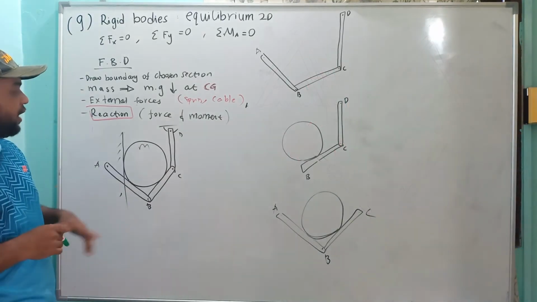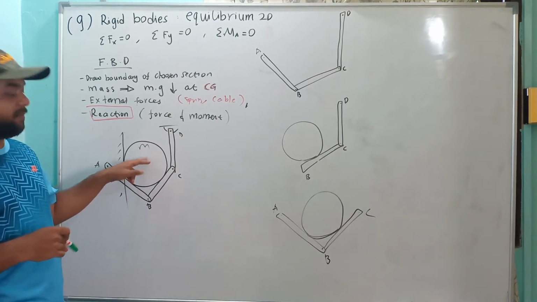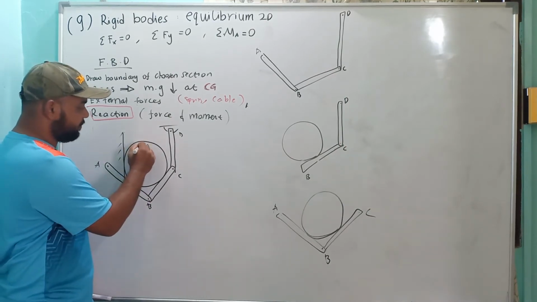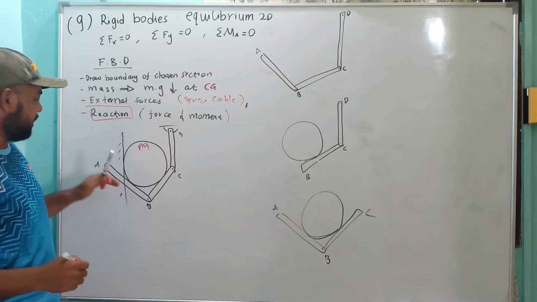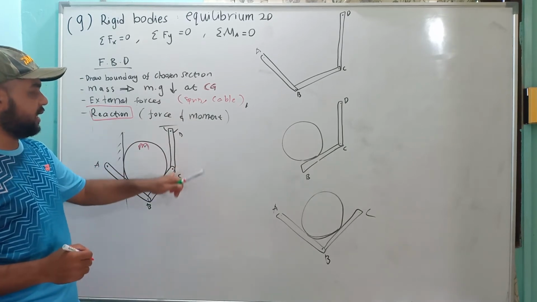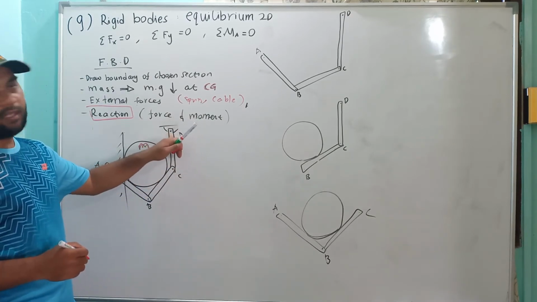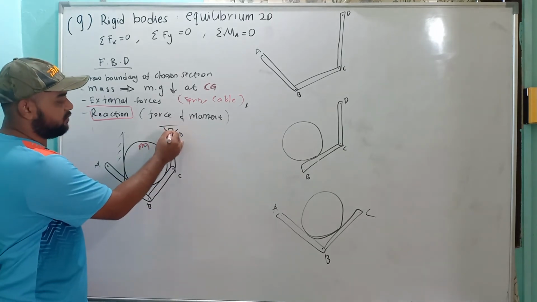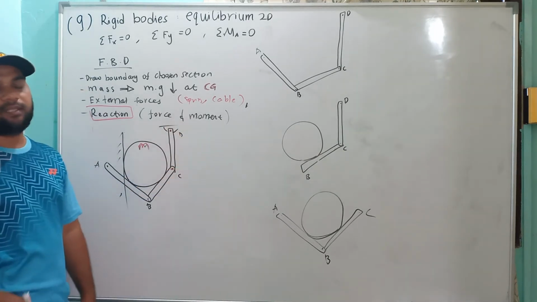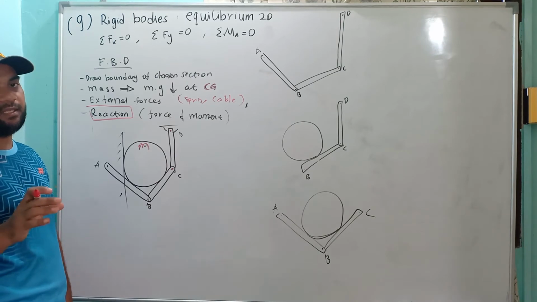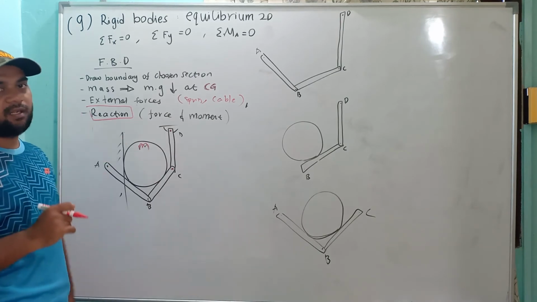As an example, we have one ball with mass M. So given here the mass is M. This mass and components AB, BC, and CD join. Notice that if you have this kind of joint, it is a pin joint. If it is a fixed joint, it will tell you directly that it's a fixed or welded joint.